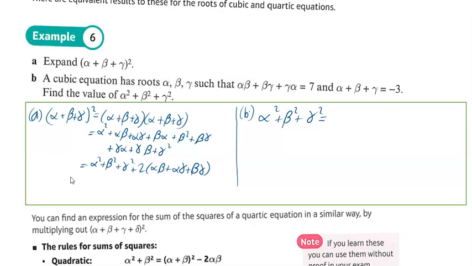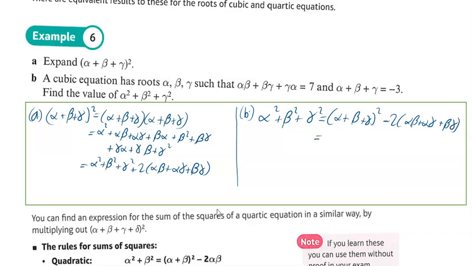And we know from this identity over here, if you rearrange it, you would get alpha squared plus beta squared plus gamma squared equals brackets alpha plus beta plus gamma all squared minus this. So we're using what we've done in part A. So it's going to be brackets alpha plus beta plus gamma all squared minus 2 times alpha beta plus alpha gamma plus beta gamma.